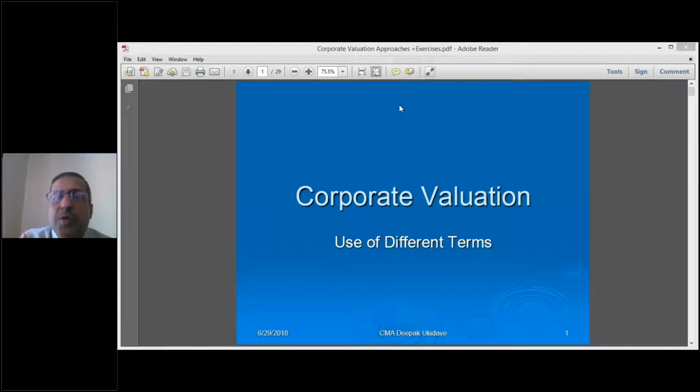Actuarial valuation is used in the insurance business generally, where actuaries make use of the balance number of years of service an employee still has and the number of years of service which is over. So based on the remaining period of service, the age of the employee, which category that employee belongs to, skilled, semi-skilled, unskilled, then the pay scale of that employee who is on the payroll, latest drawn salary, and so on. These are the parameters which are used.